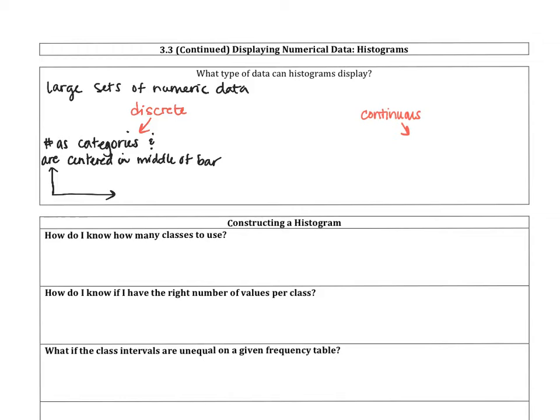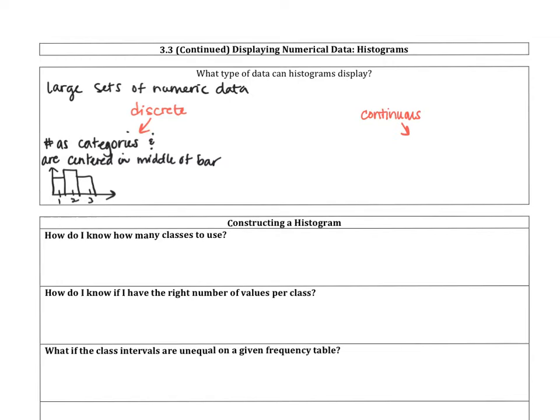That's discrete. You can't have 1.5 pets. So we would have 1, 2, 3 as options, let's say. And the bars would be centered in the middle, but there would be no gaps. Rough, but you get the idea.